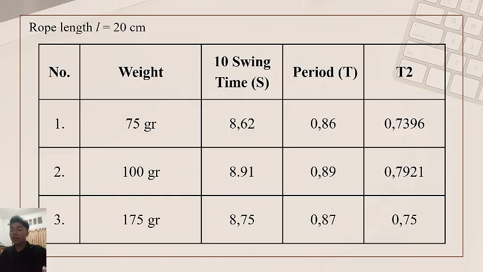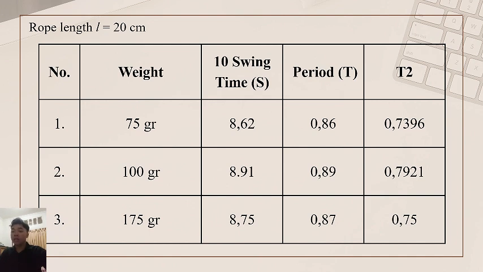So the next is table 1. This is the table for simple pendulum. In this table, it can be seen that if the length of the rope is 20 cm and given a different load, then the swing time required will also vary.